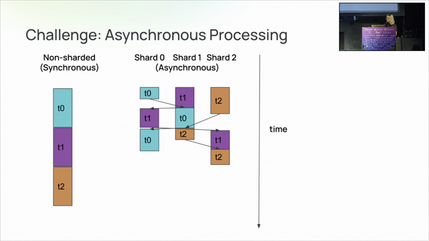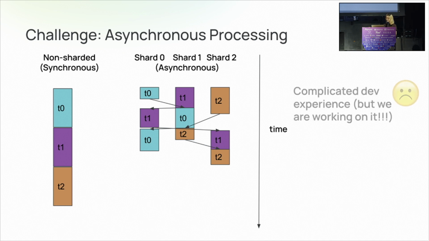So this is definitely not ideal. It adds a lot of complexity and difficulty to that experience. And that is something we are actively working on. Like we're thinking about adding support for synchronous transaction processing in our blockchain.